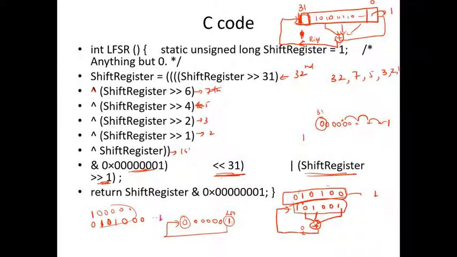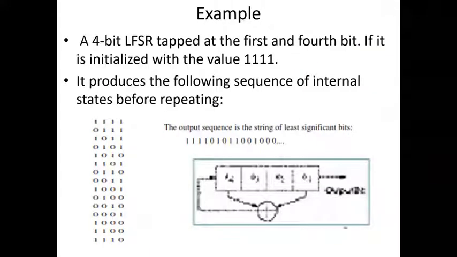So a single 1 has gone out. This is the new content of the shift register. This is the result of the feedback. Now we are performing an OR operation on these two, and you will get the final shifted result. Okay, so this is how we realize it.